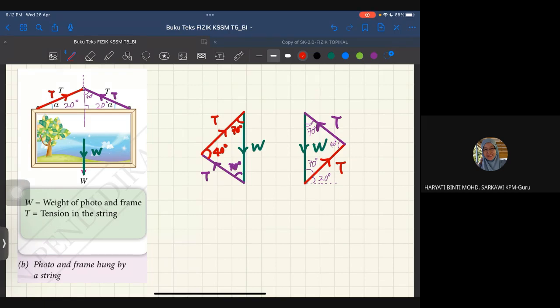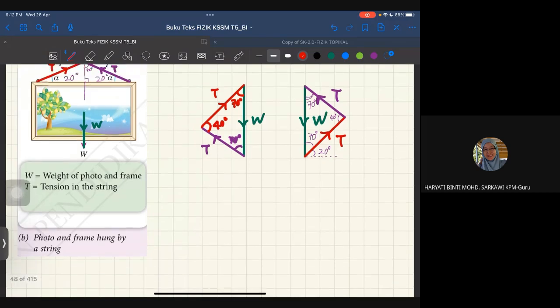And actually you can start with T, not to start with W, but to start with W will be the easier way to draw. So let's say you want to start with red T, also can. So this is the red T. Then followed by W. So W downward, draw behind the first force, which is your red T. So this is W. And then the third one, you draw behind the second force that you draw, like that.